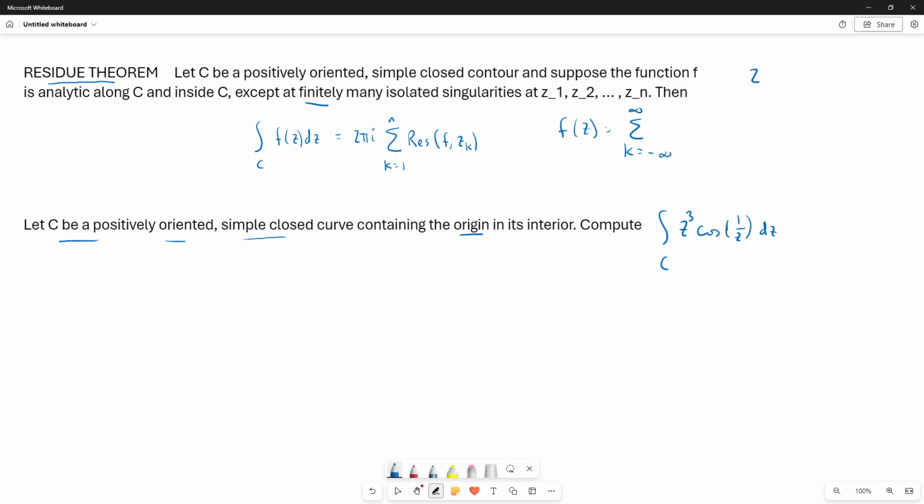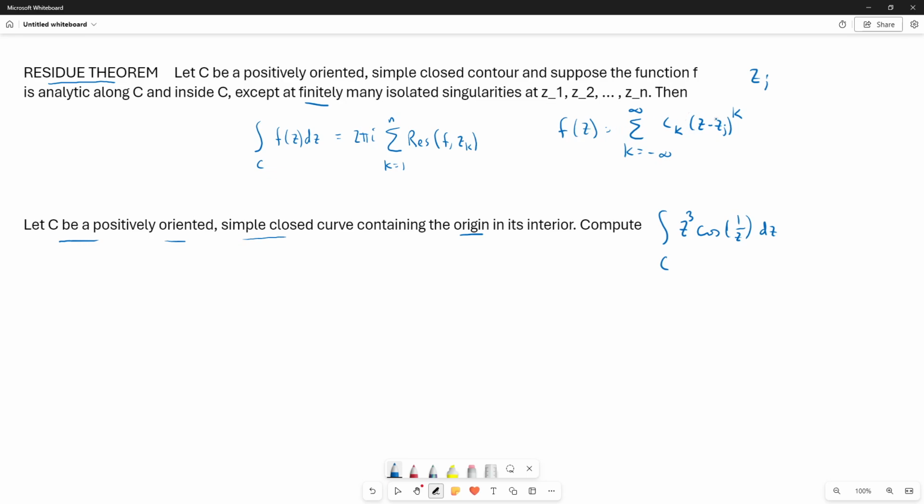So let's say that zj is one of the singularities, then there is a Laurent series expansion for the function centered at the singularity. So if the singularity is zj, and we're using k for the index of the summation, there is a Laurent series expansion about the singularity zj.